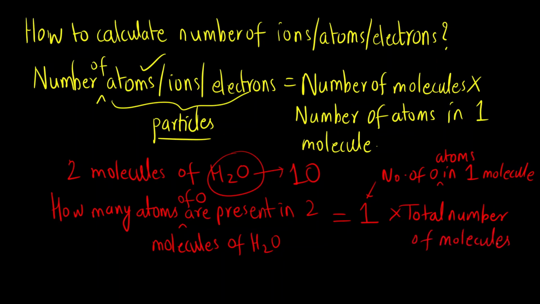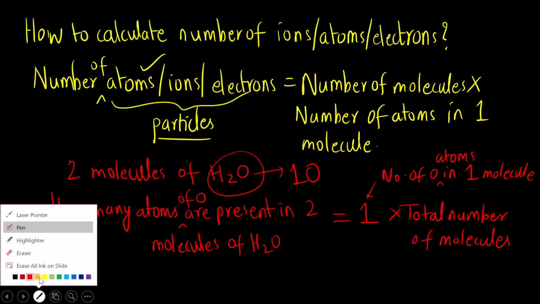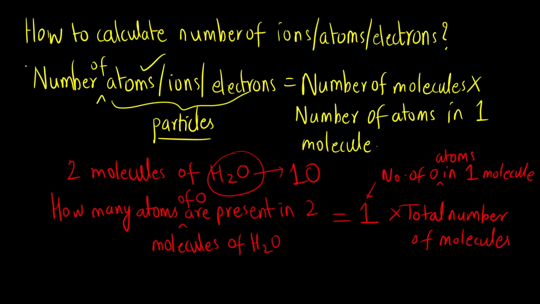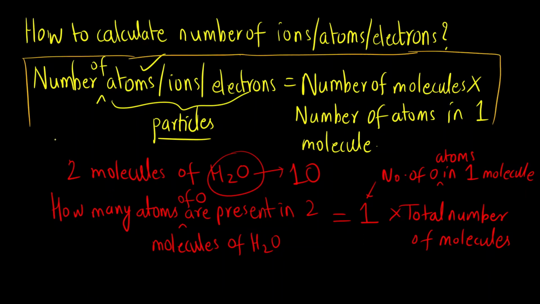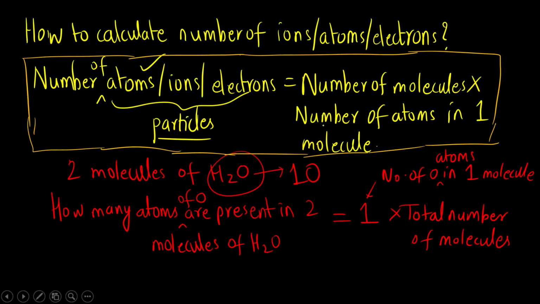This is the same thing that I have written above in yellow. So this is another very important formula that we have found to find the number of particles. Similarly, if someone asks for the number of ions, then we can accordingly find out that particular number.